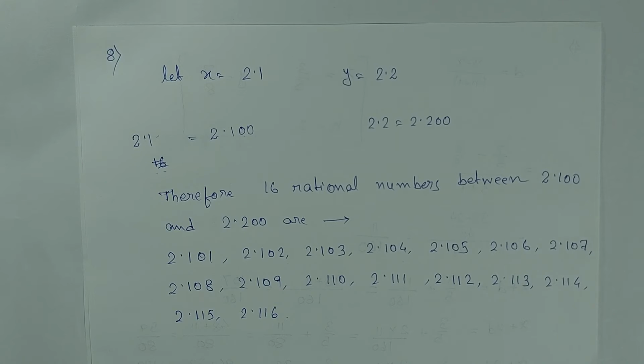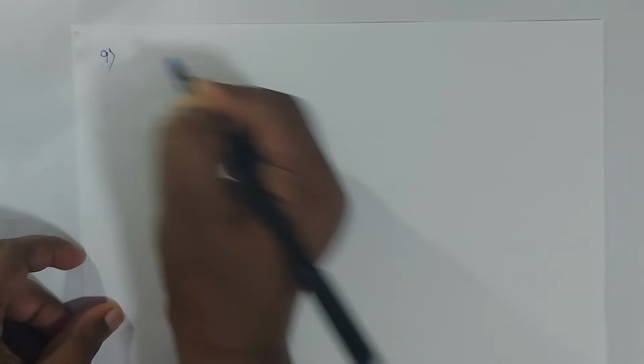So moving to the next, question number 9. In question number 9 a few statements are given. We need to write whether the statements are correct or not, and if they are correct then give the reason, means justify our answer.